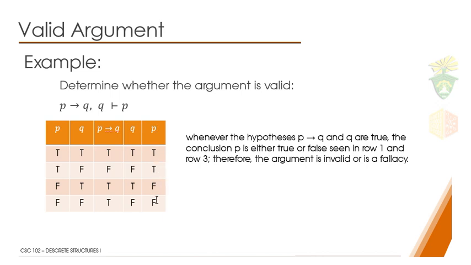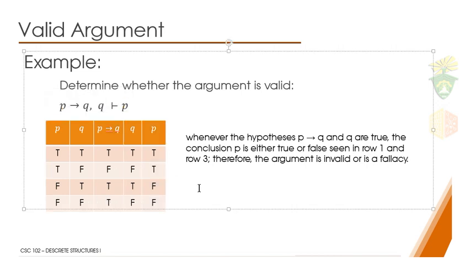Okay, now let's see if this is a valid argument or not. Looking at the first row, this is a valid argument because everything is true. We evaluate based on your P and Q. So this is your basis: P and Q, and Q, and P. Okay, let's look at this.